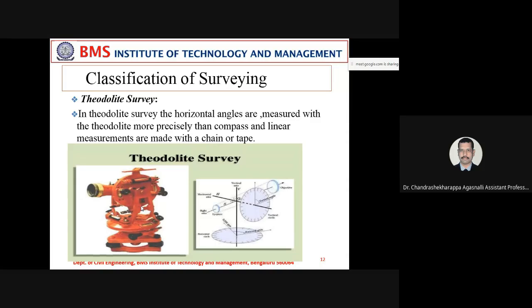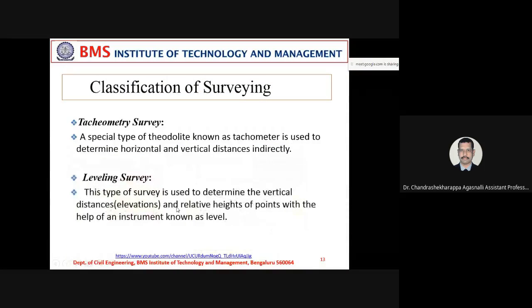There is a typical horizontal angle and vertical axis, and all things are inbuilt here. These are the internal typical parts of this theodolite instrument. These are graduated circles you can see here, and on this horizontal axis you can check the vertical angles. Another one is called a tachymetric survey.